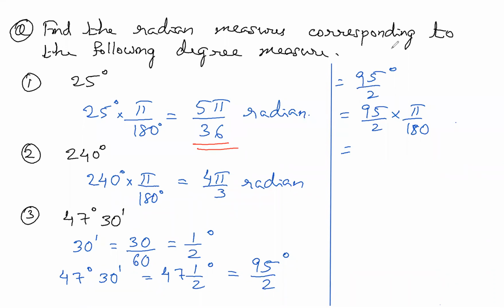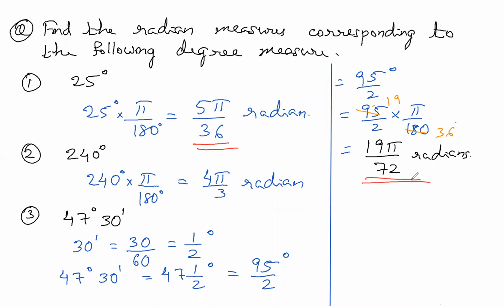You will get 19 by 72 times pi, so 19 pi by 72 radians is the answer.